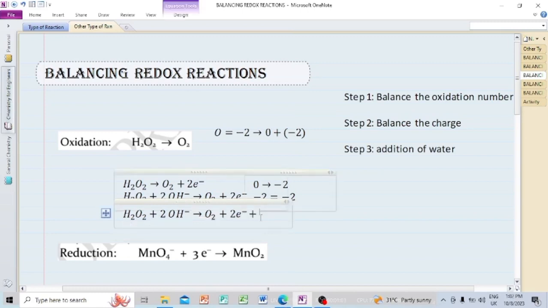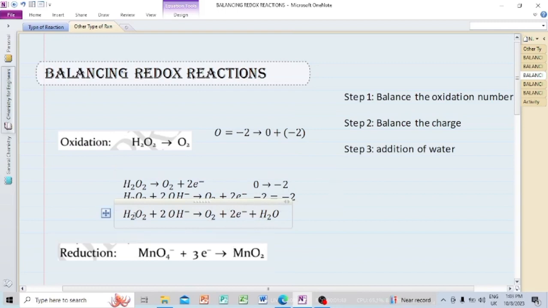Plus H2O. But, we need to take note, guys, na this is balancing, di ba? Balancing. So, the atoms of each element must be equal. Must be balanced, di ba? Kung ilan yung atoms dito sa reactant side natin, the same din dapat yung atoms ng element dito sa product side natin.